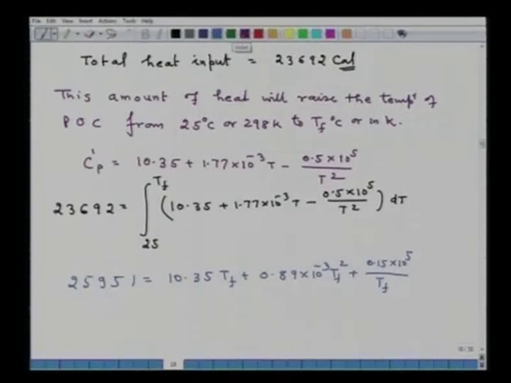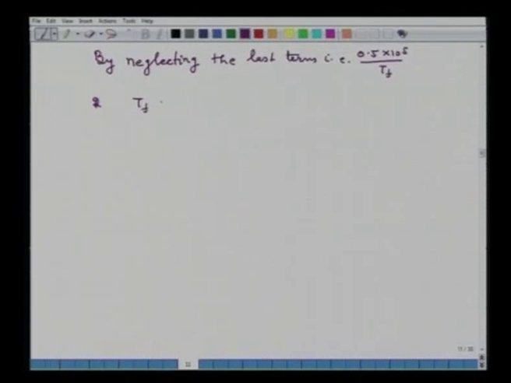So, to illustrate what I have done, I have neglected the last term, 0.5 into 10 to the power 5 upon Tf, and then I can straight away calculate Tf by quadratic equation, that will come out to be 2120 degrees Celsius.